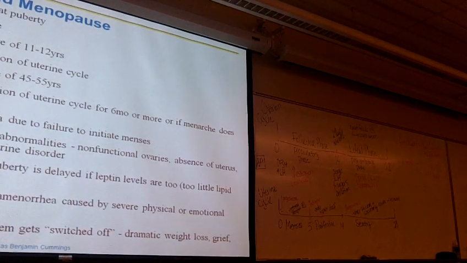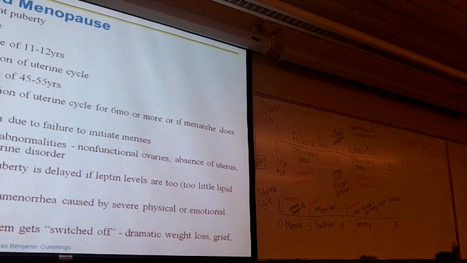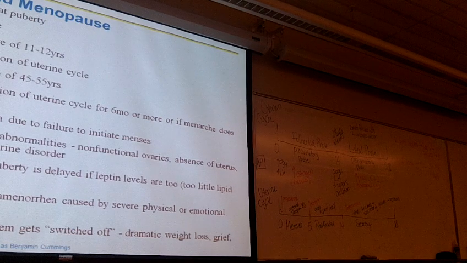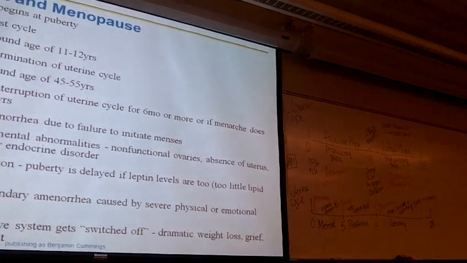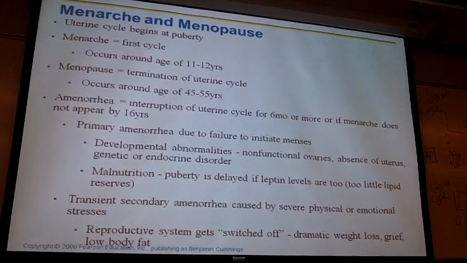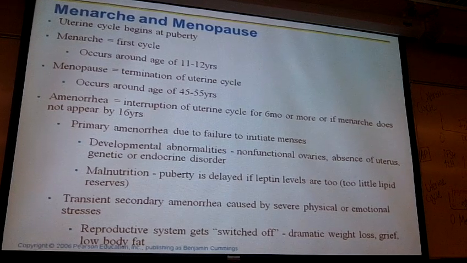I'm wondering if you've heard of any relation between the consumption of soy and that triggering earlier puberty? So I don't know a lot about it, but my understanding is that soy is a natural source of estrogen.